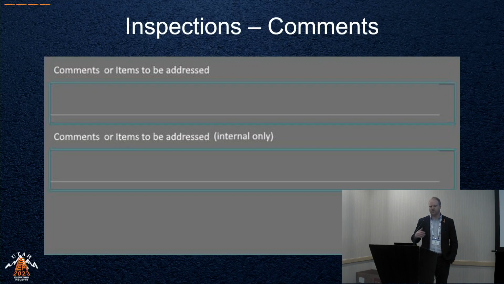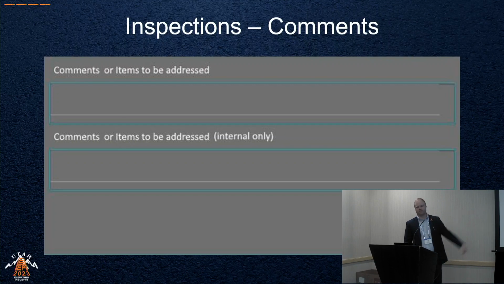We have the ability to have comments entered into this inspection app, and the great thing about the comments on the top line is those can be sent directly to the utility company. So if there's an issue, we can start communicating with the utility company while we have boots on the ground that there are issues.